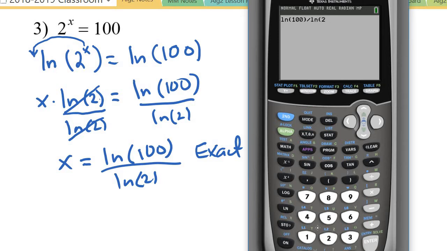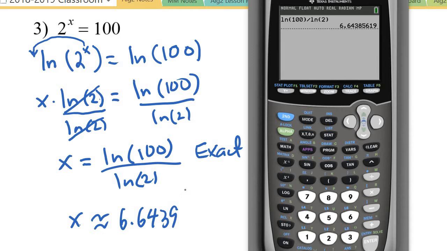Press enter. There you have it. This is the approximate value. So x is approximately equal to 6.6439 if you round to the nearest 4 decimal places.